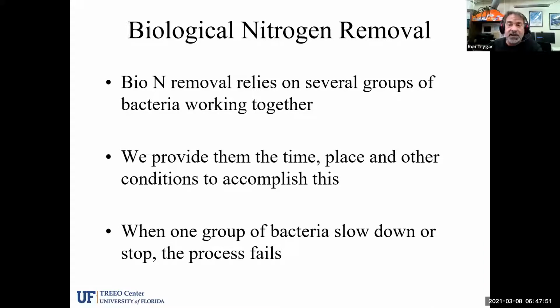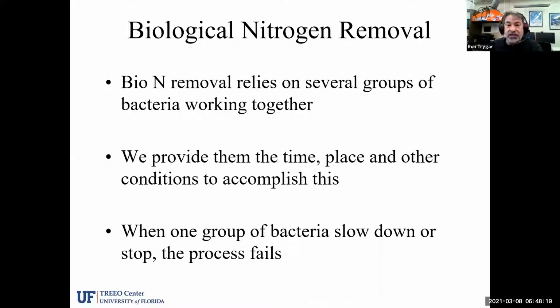When we say groups of bacteria, we're saying a whole lot of different genera of bacteria that will work together to oxidize the forms of nitrogen we call ammonia or ammonium and convert that into nitrite, and then another group of bacteria comes along and converts the nitrite into nitrate, and then we have what we call an oxidized form of nitrogen.